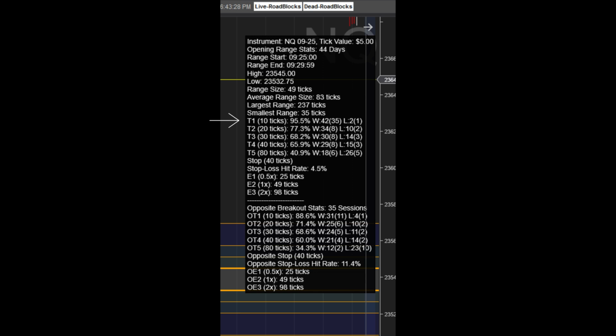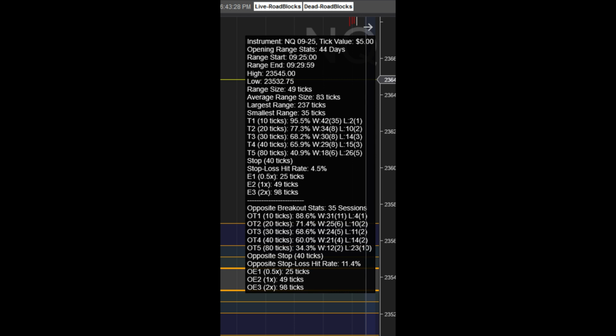We have a 40 tick stop, which was a $200 loss. And we took 2 days of a $200 loss and 42 total days of a $50 win. So we are way net positive on this. So that is positive expectancy.